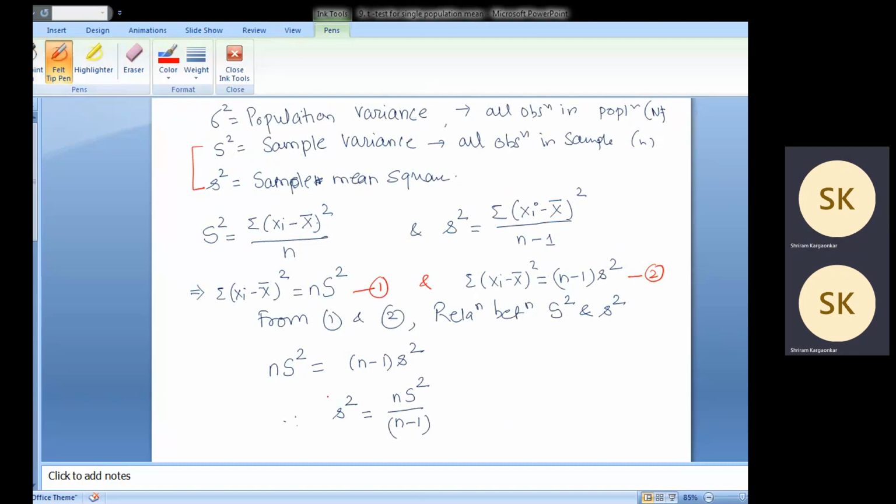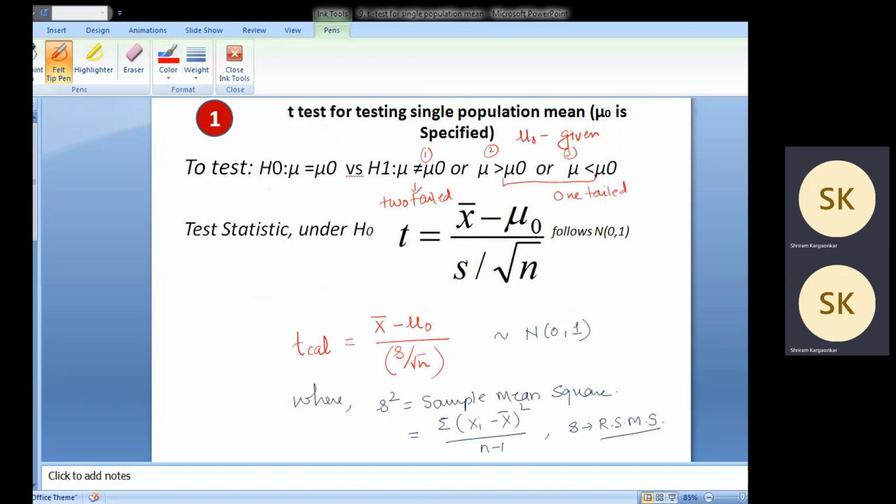We will use this relation because sometimes in the question, sample S square is given, and we need to find the sample mean square, because that is the term in the formula. There is never the term sample variance in the test statistic.